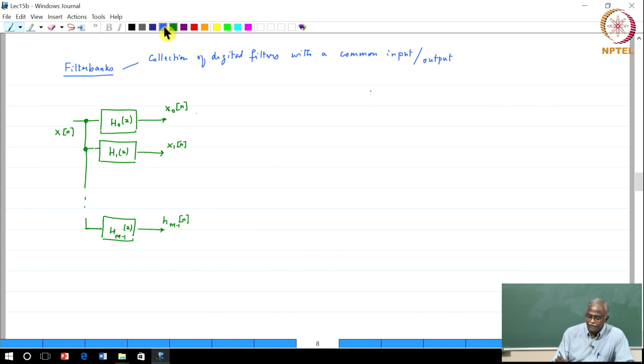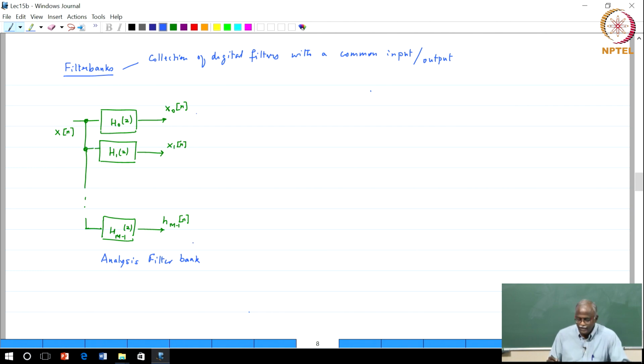In multirate terminology, this is called an analysis filter bank, where you are splitting a signal into different frequency components, and that is why it is called analysis.